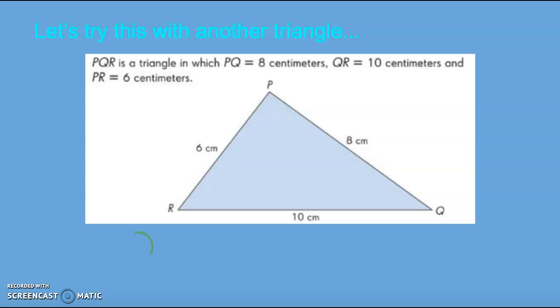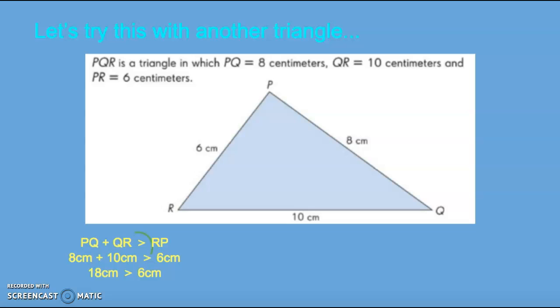Let's try a problem together. Look at triangle PQR. It has sides PQ equal to 8 centimeters, side QR equal to 10 centimeters, and side PR equal to 6 centimeters. PQ together with QR need to be greater than RP.